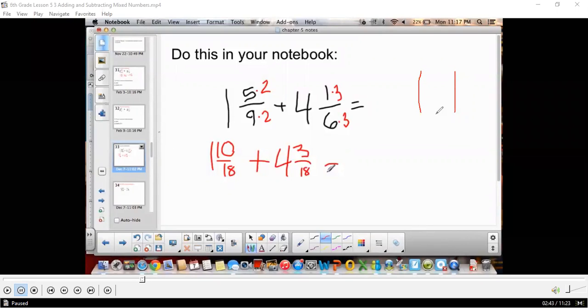Then we can make 9 divided by 3 equals 3, divided by 3 equals 1. For the second one, I have 6 divided by 3 equals 2, divided by 2 equals 1.